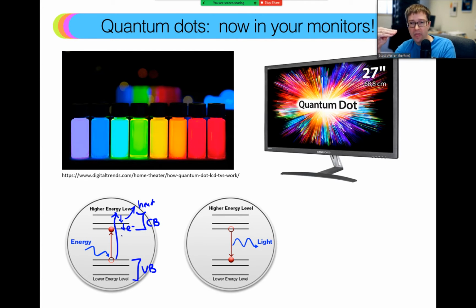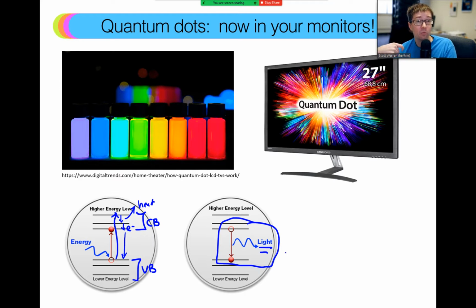The electron then stays there at the bottom of the conduction band, and then eventually there's some probability that the electron falls back down to the valence band, and when it does that, it emits a photon of light that has an energy equal to the energy of the band gap.